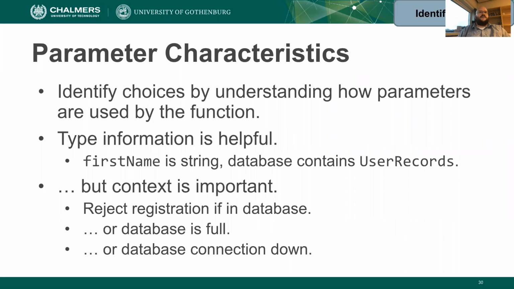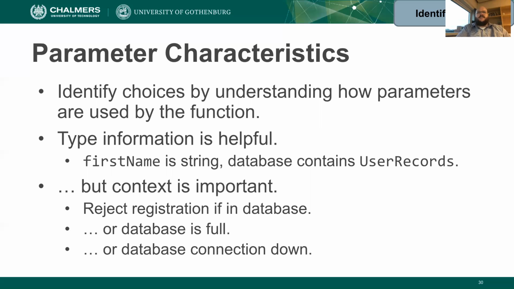Now, the key to identifying more choices is in understanding how the input parameters are being used by the functionality. For instance, you might want to know the data type. The data type is pretty useful. Like, you know, the first name is a string and that the database contains user record structures. That can be useful for understanding how that input's being used and then feeding in things like malformed input.